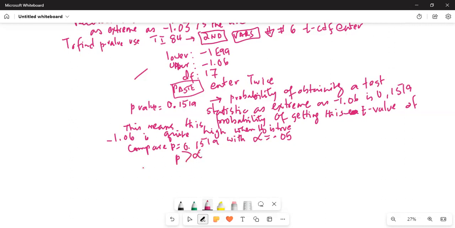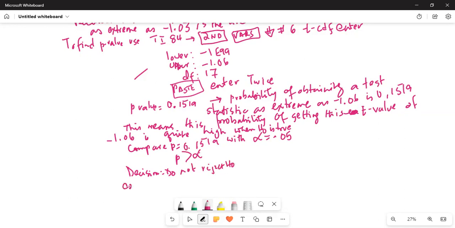So therefore, decision is do not reject H0. As I said, the probability of getting a test statistic as extreme as -1.06 is quite high compared to alpha of 0.05, provided H0 is true. Therefore, since the p-value is very high, p is greater than alpha, decision is do not reject H0.